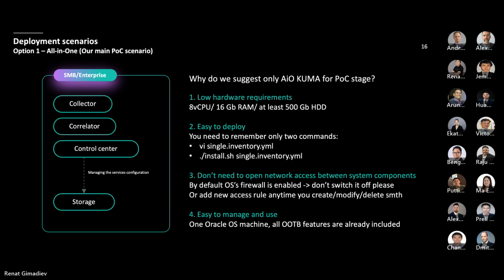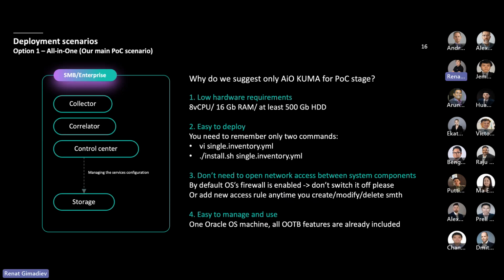Use the new access rules to create, modify, and delete network access. Okay, so this is all-in-one infrastructure. Everything is simple. Deployment is quite understandable and fast. So usually it takes about 15 minutes, or maybe even less.